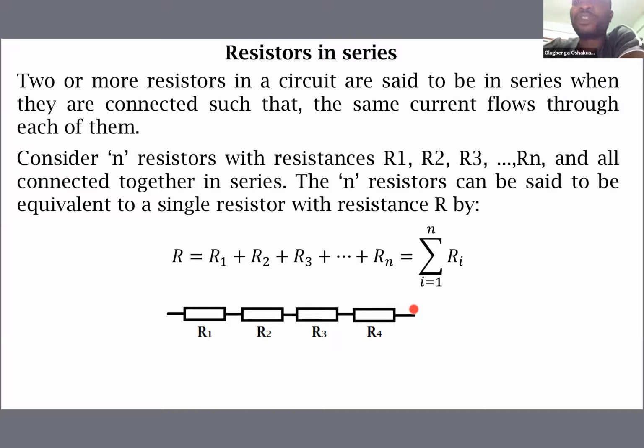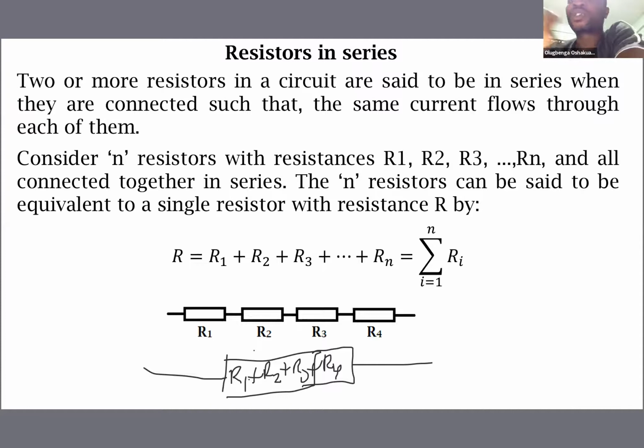Then we can replace all of them with a single resistor that will be 4 ohms. Or let's just say R1 + R2 + R3 + R4: you can replace them with a single resistor whose resistance is a summation of R1, R2, R3, and R4.